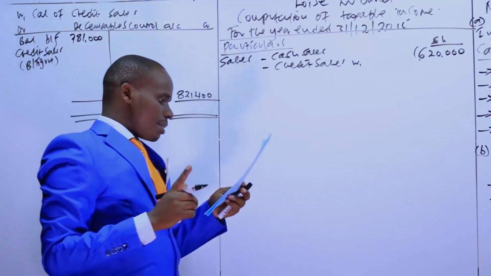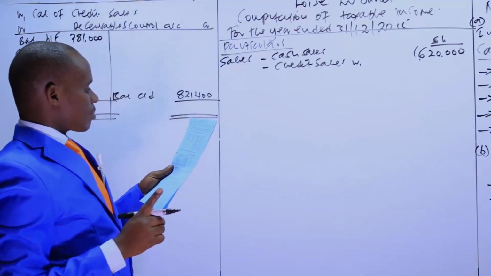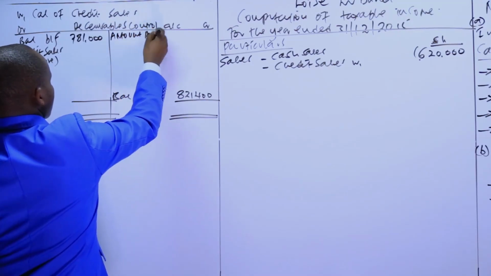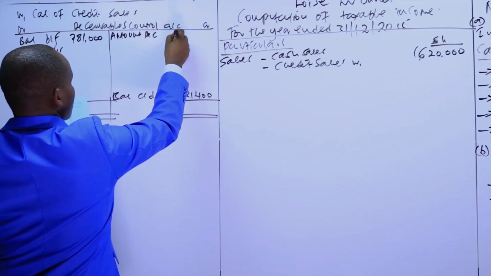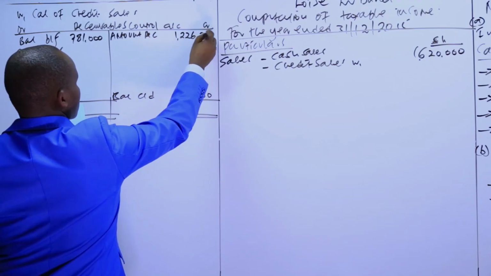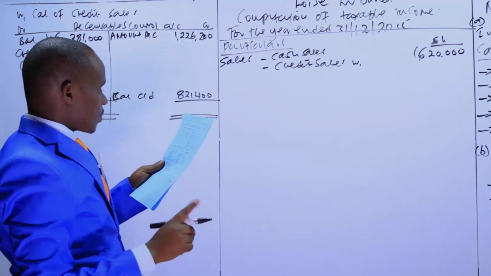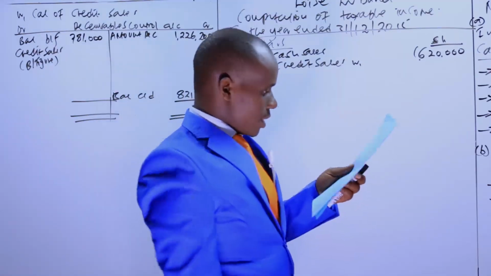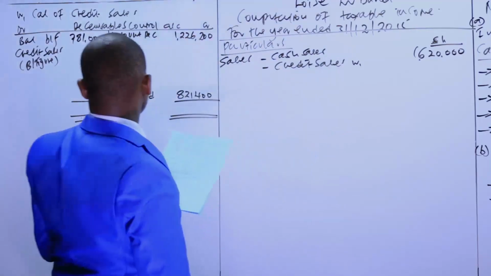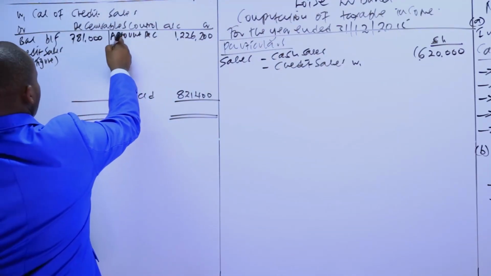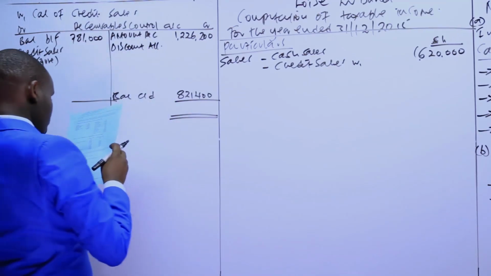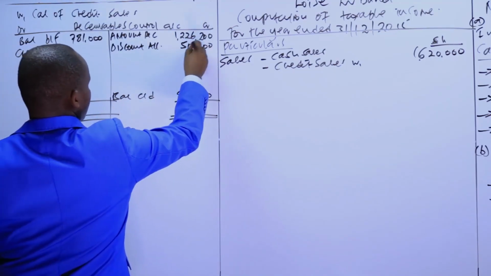In my cash summary, I have the amount received from the debtors, which is 1,226,200. Then I move to additional note number 1. I have discount allowed, which reduces the debtors. Discount allowed is 5,600.